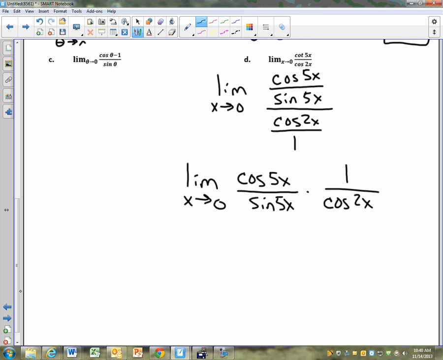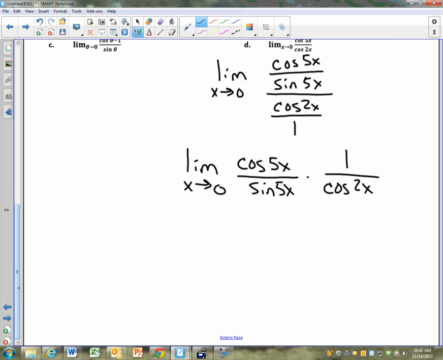A 5x. I mean, if we got a sine of 5x here, I want a 5x in the numerator. So you're going to multiply the numerator by 5x, you got to multiply the denominator by 5x as well. Okay? So, here we go.